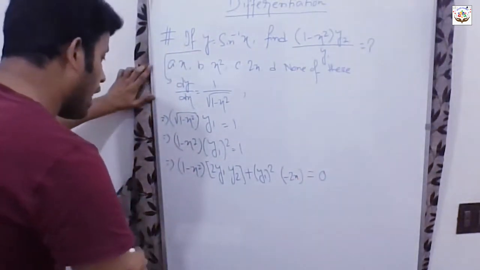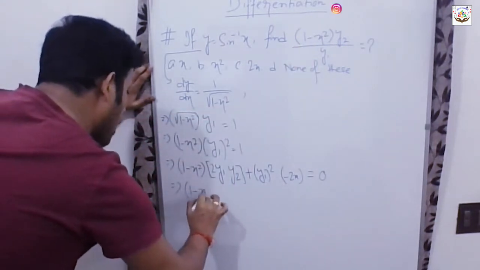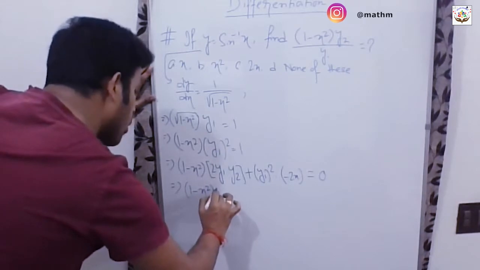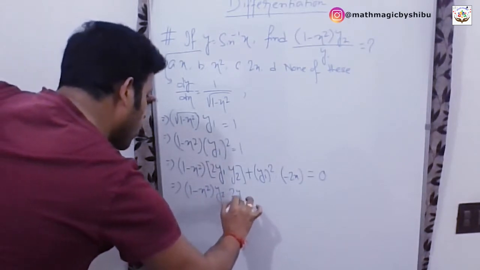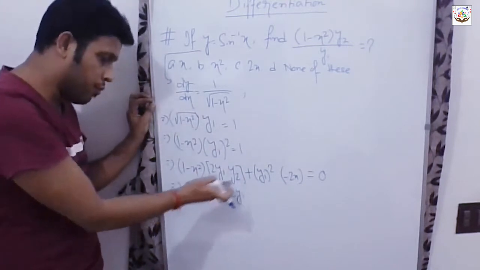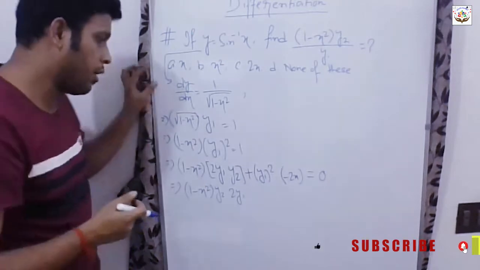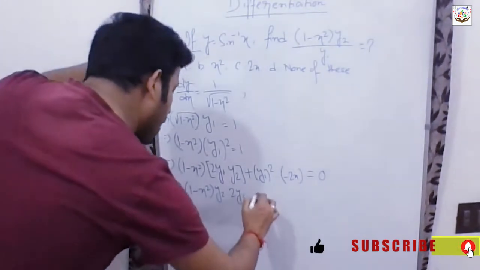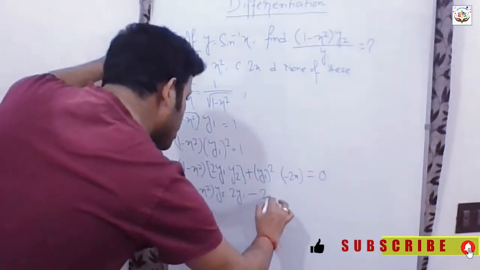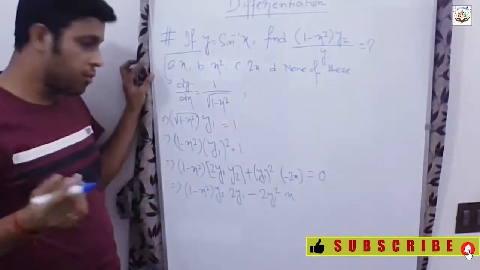Now if you check the resulting expression, we have (1 minus x square) into y2 into 2y1. I have written y2 before the 2y1; all three are in multiplicative form, so nothing to worry about. And we have minus 2 y1 whole square into x.